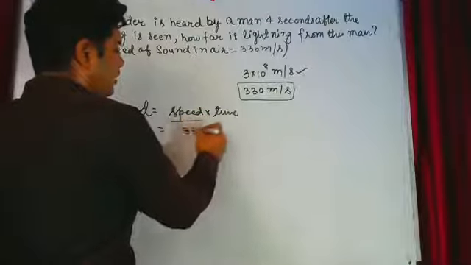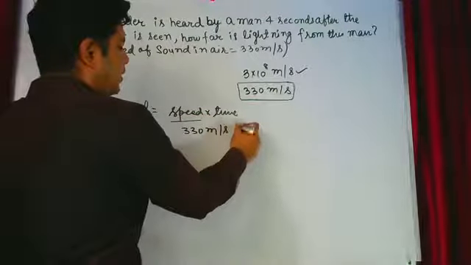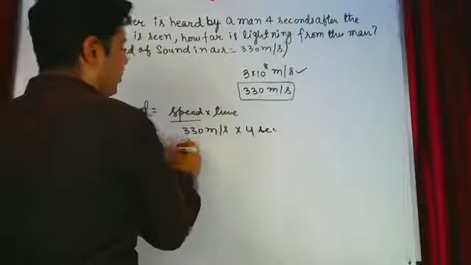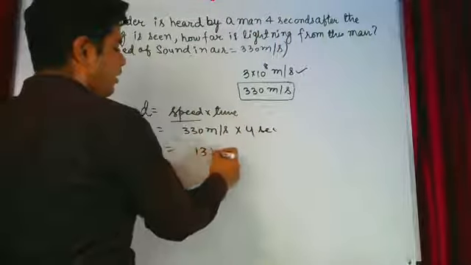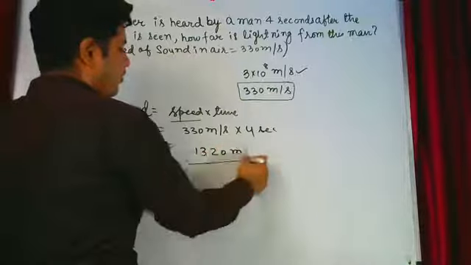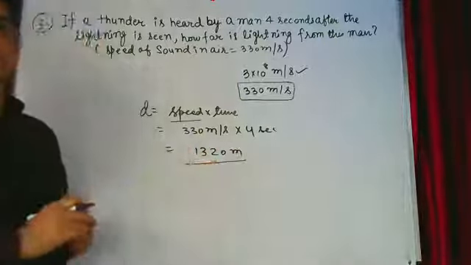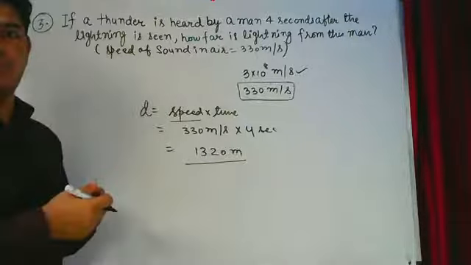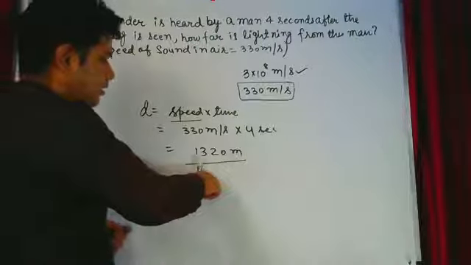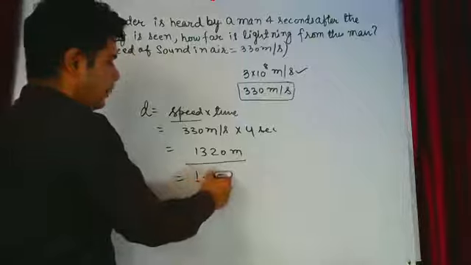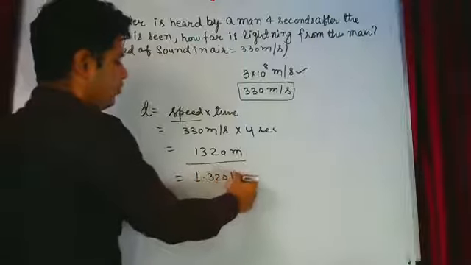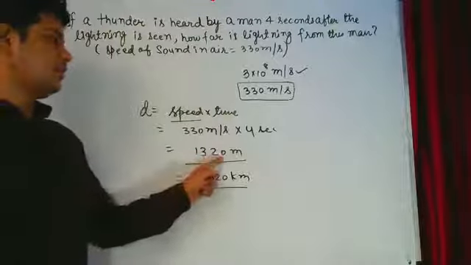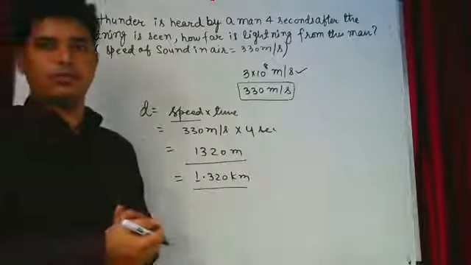This is 330 meter per second, and the thunder is heard after 4 seconds. If you multiply this, we get 1320 meters. It means the distance between the man and where the lightning happened is, I can say, 1.320 kilometers or 1320 meters. I hope this has given your answer.